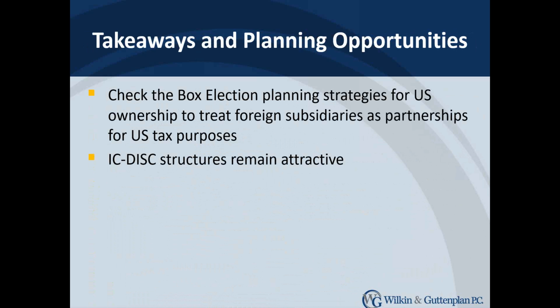That rate break is something of value. So if you looked at the FDII slide and said this is something I could probably benefit from, but I can't because I'm a C corporation, then an IC DISC may be something to take a look at.